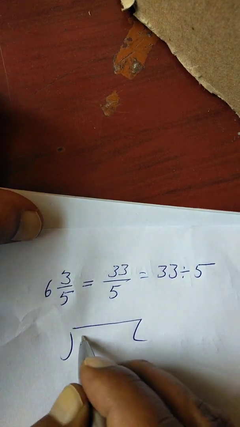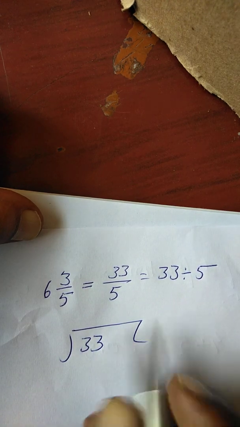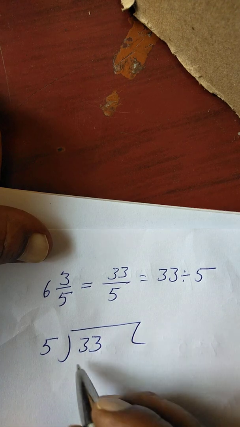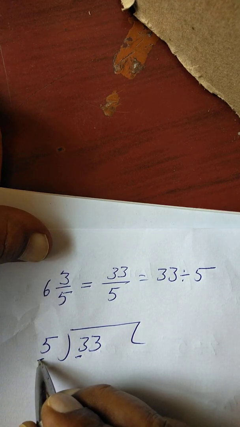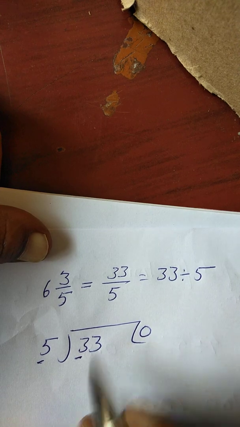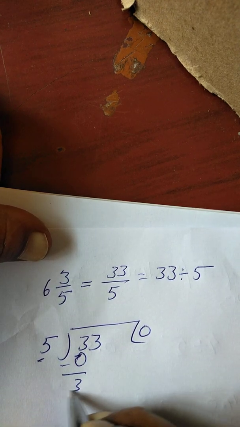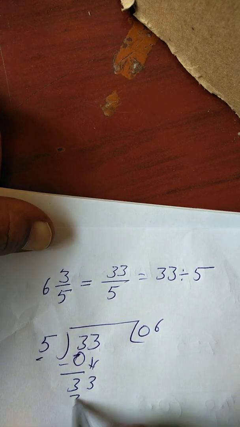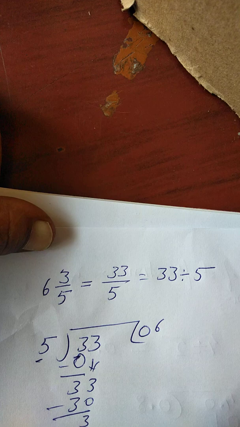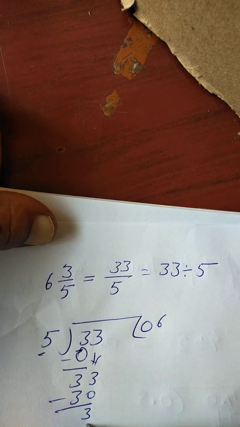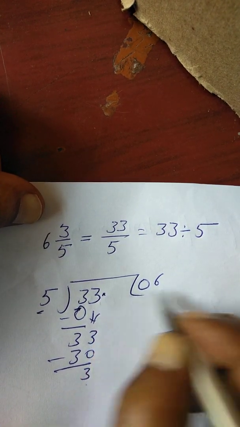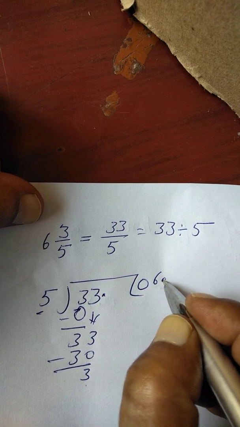Now divide it. 33 is the dividend. 5 is the divisor. Now divide it. The divisor has one digit, so you will take one digit from the dividend. 5 zeros are 0, 3, down the next digit. Beside the table of 5, 5 sixes are 30. Now after that we have a remainder, which means no remainder should be left. Take the decimal here, and now it is the turn of decimal, so put the decimal in the quotient.